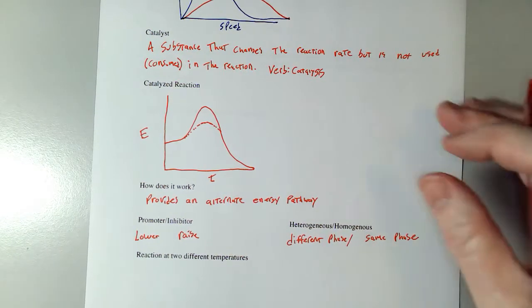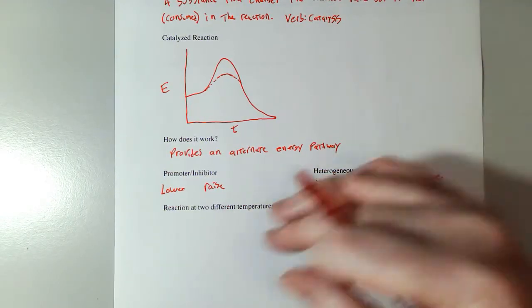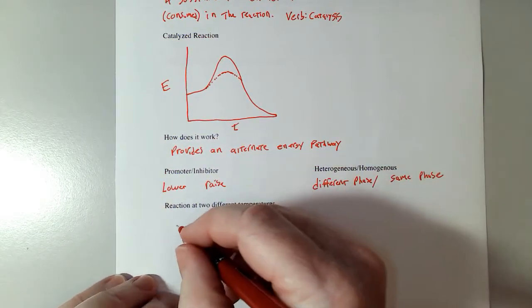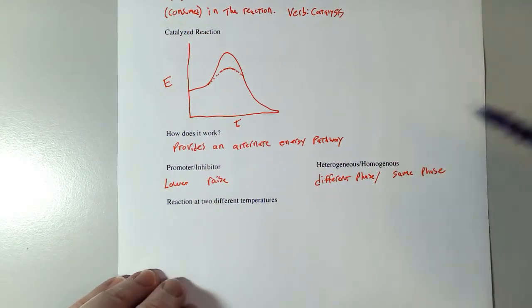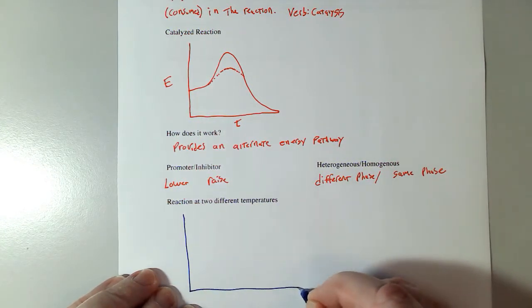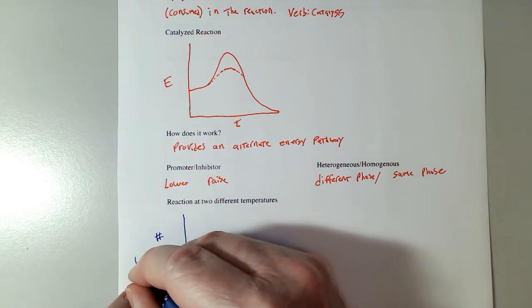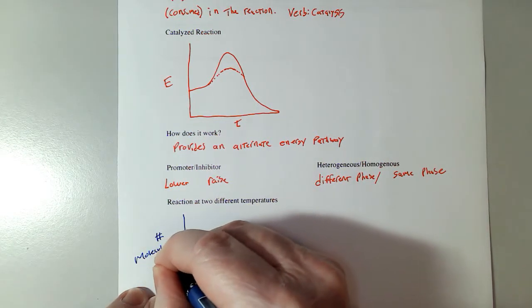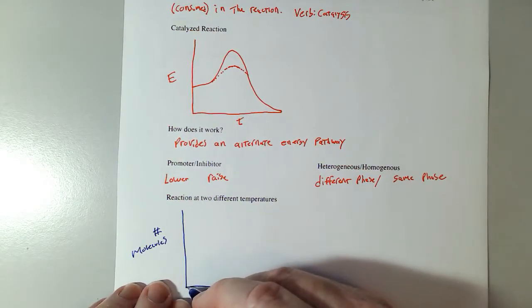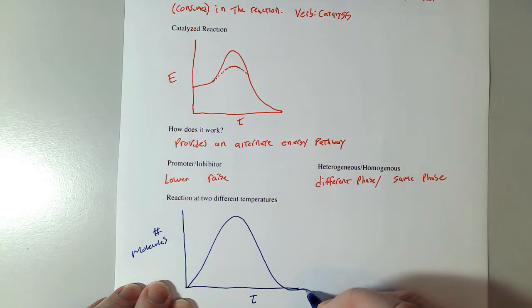All right. So, let's try and tie a bunch of this together right now, looking at a reaction, but running it at two different temperatures. So, number of molecules, time. Now, I'm going to draw this first graph in blue again.